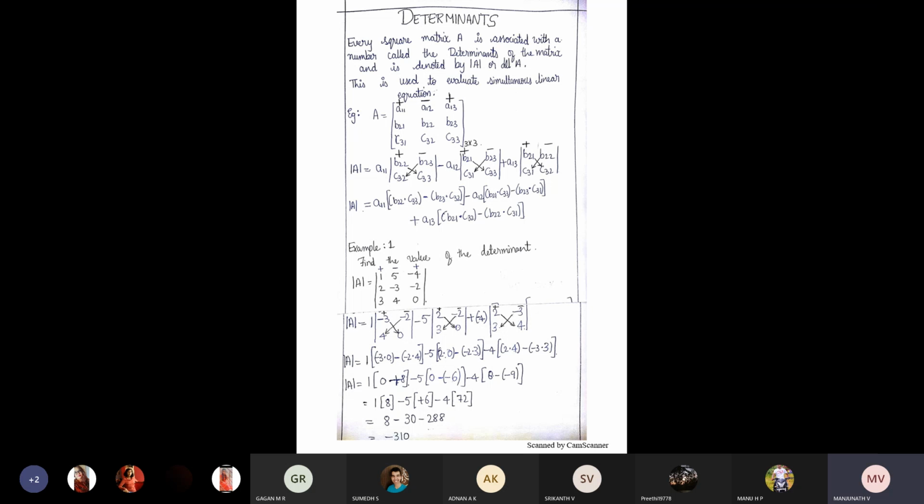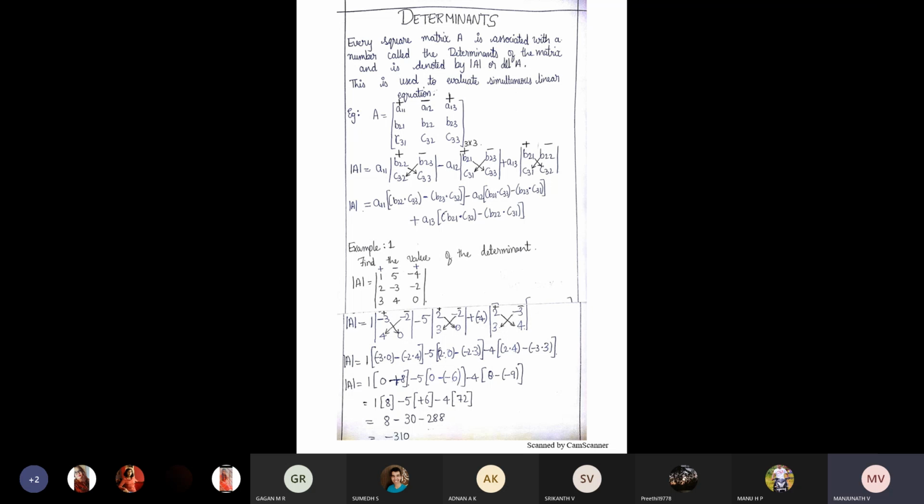Now, there you continue. Determinant A is equal to A11 times, B22 into C33 minus B23 into C32, the whole in a square bracket. After that, as minus is associated with A12, minus A12 times B21 into C33 minus B23 into C31.